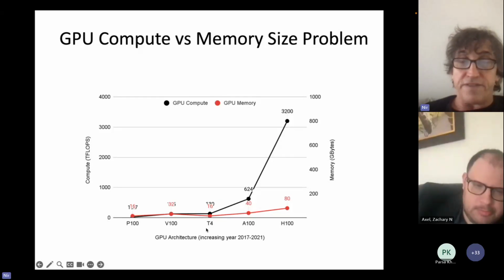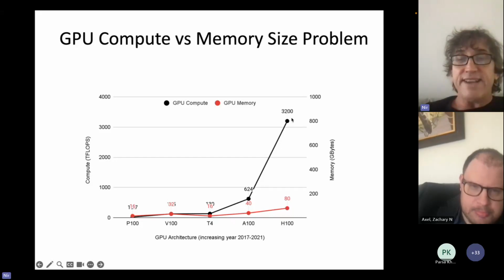You can see here, over the last generations of hardware that NVIDIA has generated, from the Pascal GPUs, the Voltas, the Turings, the Amperes, and now the Hoppers, we've managed to get the flops up by a crazy factor.